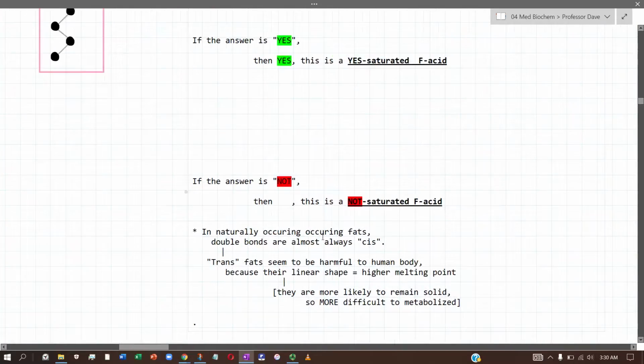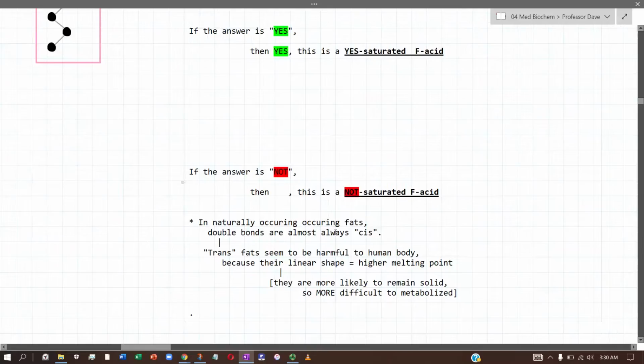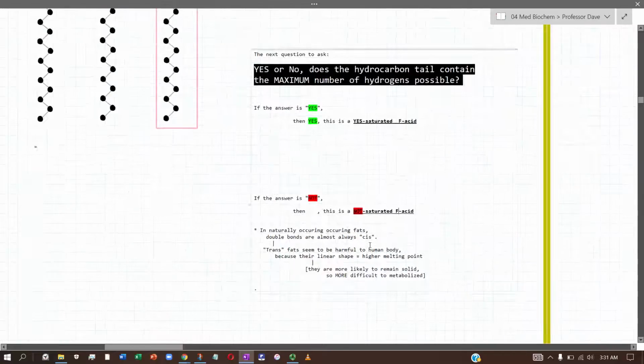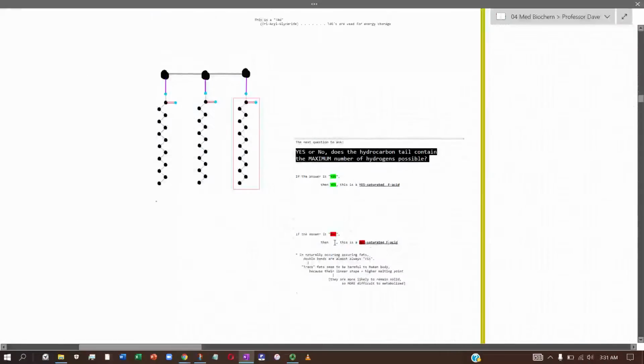In naturally occurring fats, double bonds are almost always cis. Trans fats seem to be harmful to the body because their linear shape creates a higher melting point. Trans fats are more likely to remain solid, so they become difficult to metabolize.